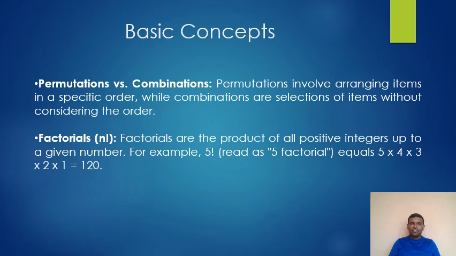This is the main difference between a permutation and combination. Next, let us see factorials. Factorials are the product of all positive integers up to a given number. For example, 5 factorial equals 5 multiplied by 4 by 3 by 2 by 1, leading to 120.